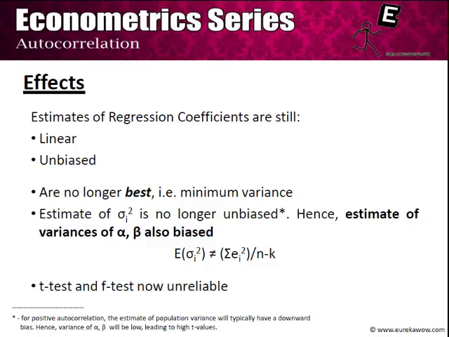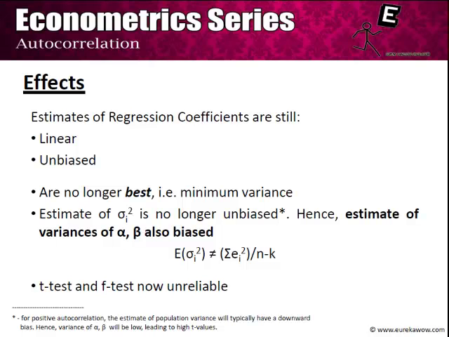We have estimated sigma_i squared by taking summation e_i squared by n minus k, but we now observe that this value is no longer unbiased. Hence, the estimates of variances of the regression coefficients alpha and beta are also biased, which leads to t-tests and F-tests which are now unreliable. The key difference from heteroscedasticity in this case is that we can say something more specific about the nature of the bias of estimates of sigma_i squared.